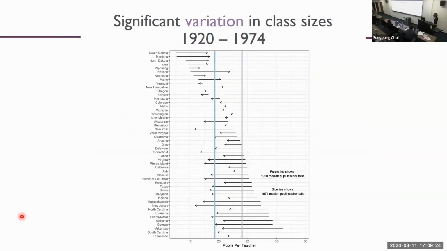I think some of this has to do with demographic changes. On the top, some of those more rural states are increasing in the size of their classrooms, so they're coming down up to the median, whereas some of the states on the bottom in the South are coming down and having smaller class sizes. So both things are happening, it just depends on where you are in the US at this point.